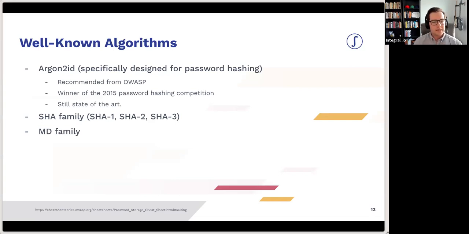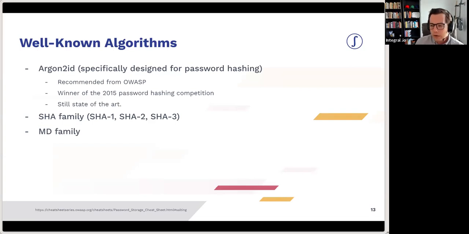And it's recommended because it has these knobs you can tweak to find a balance between performance and how much work it puts into the hashing. It won the 2015 password hashing competition. I don't know how frequently they do that competition. That sounds kind of old, but as of yesterday, it is still the recommended password hashing algorithm from OWASP.